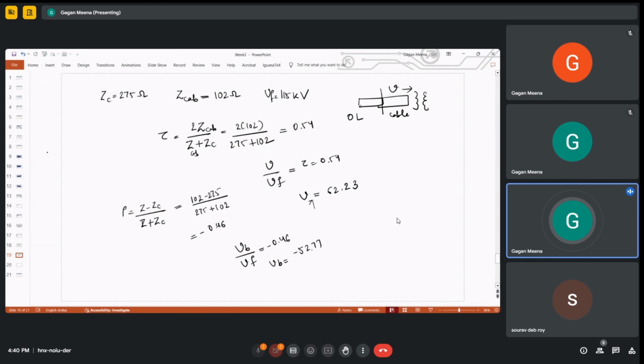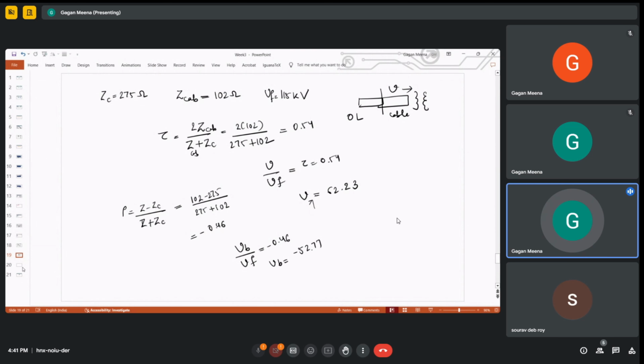The answer is correct. A simple application of the formulas for the reflection and transmission coefficients. Use them and you can directly find out all the values, voltage as well as current.